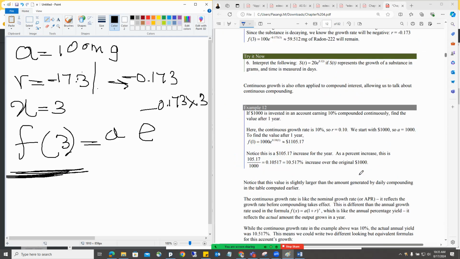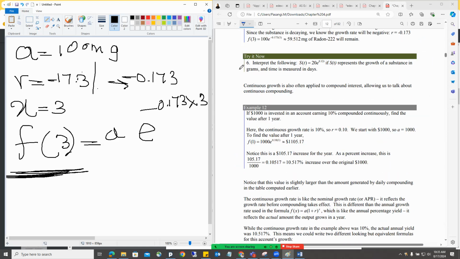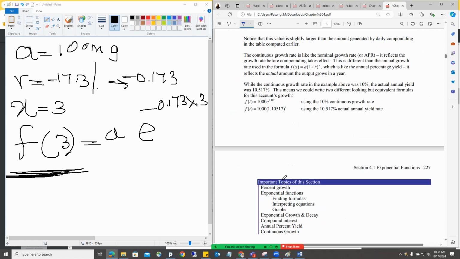Then I think the rest of these ones are actually the theories. So you can try this one as homework and the example 12 also as homework. Do all these questions. And also then they have summarized the entire section what we have already covered.